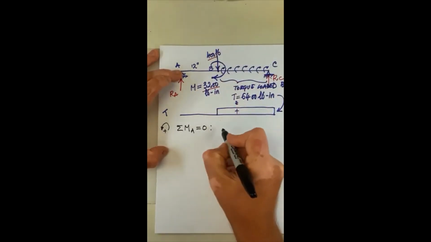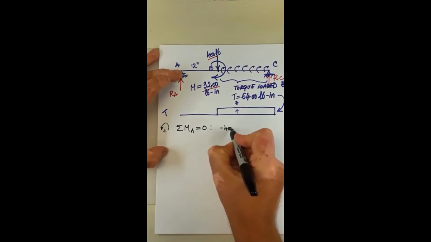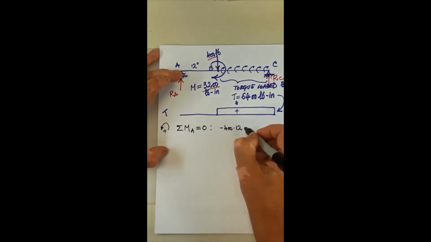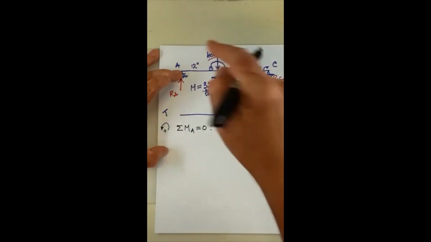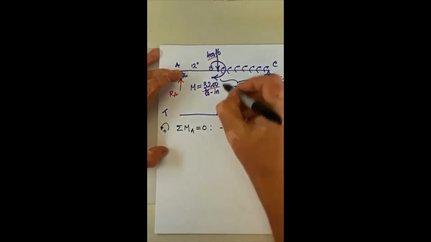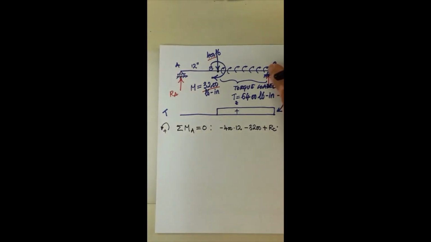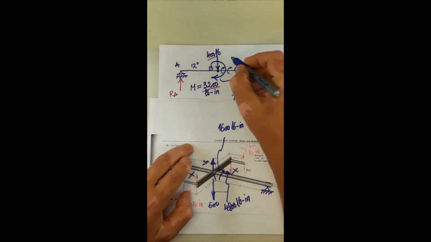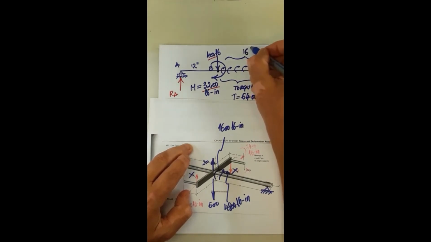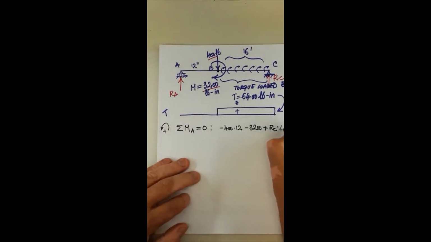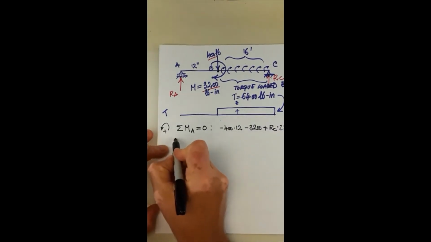We have a negative moment, which is the 400 force times the 12-inch arm, and then negative the moment at B, 3200, and positive RC times the full length, which is 16 inches. So 12 plus 16, that's 28, equals 0.